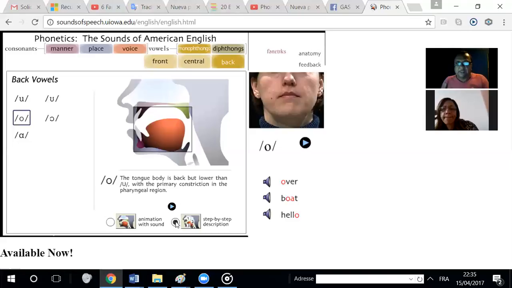But if you want to sound American, you need to obscure the vowels. You cannot say manner, place, voice like that. You need to obscure. We catch the sound in your throat and in your mouth.